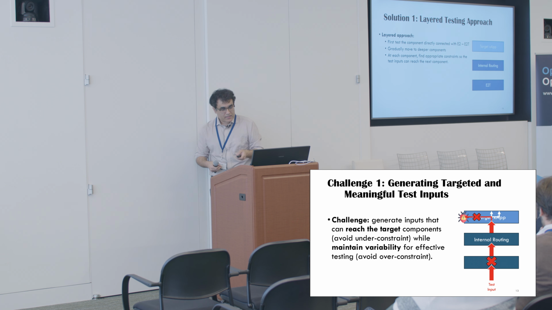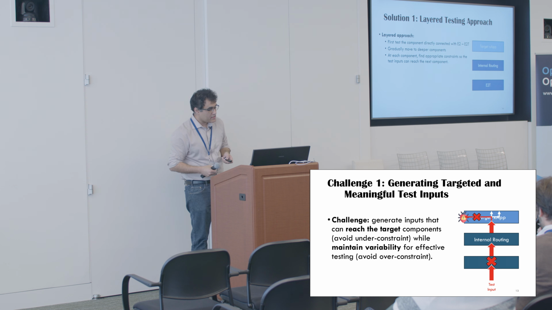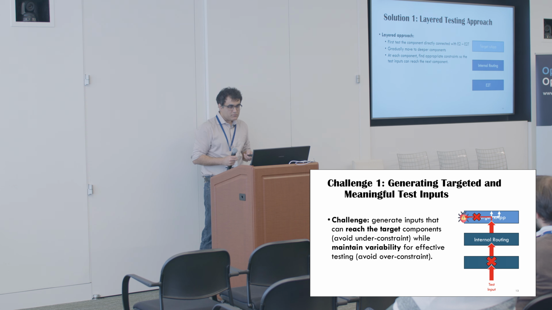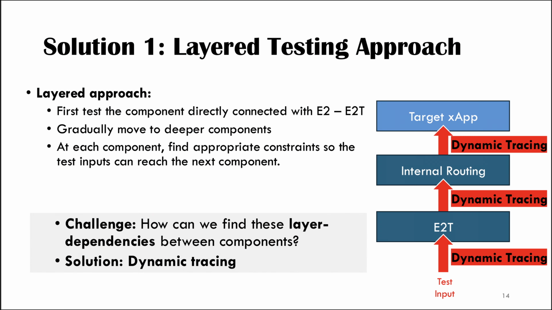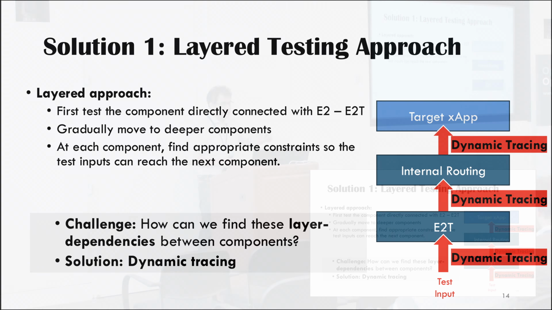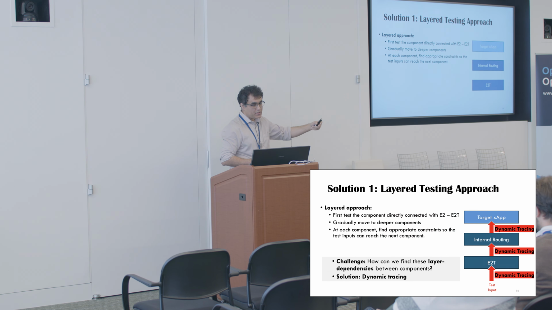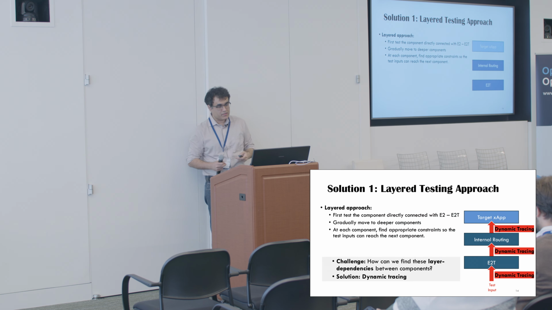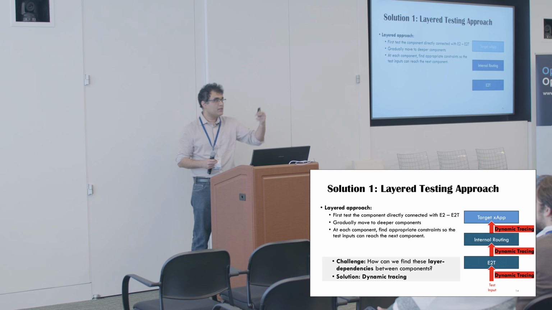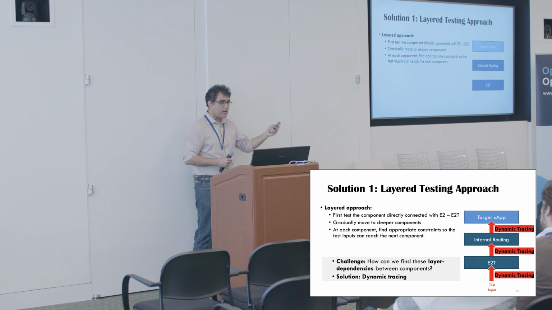Now, to address this, we introduced a layered testing approach. In the layered testing approach, we propose that first we test the components that are directly connected to the fuzzer, and go to the next depth or next level subsequently. So, first we will test E2T, and then whichever component comes after E2T.